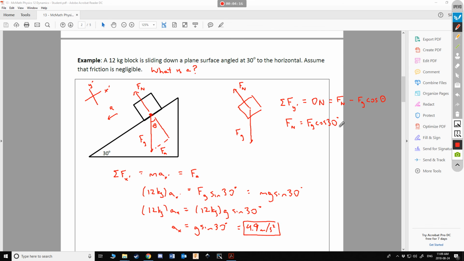It's 12 kilograms times 9.8 times cos 30. We get a normal force of 101 or 102 newtons. And we don't need that though, because the only time we need normal force is when there's friction.